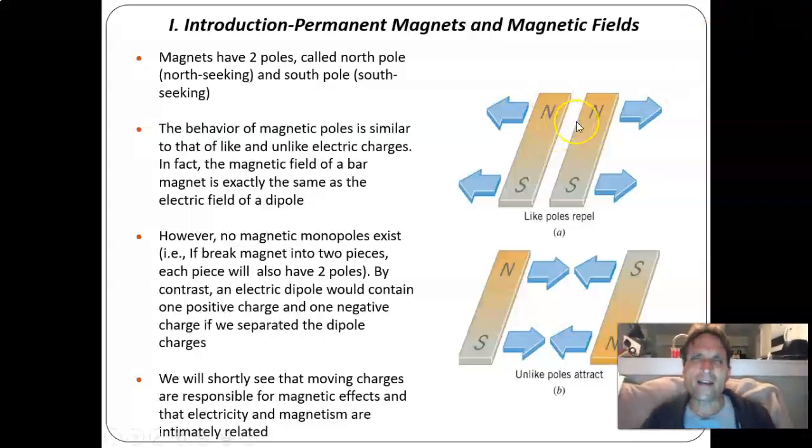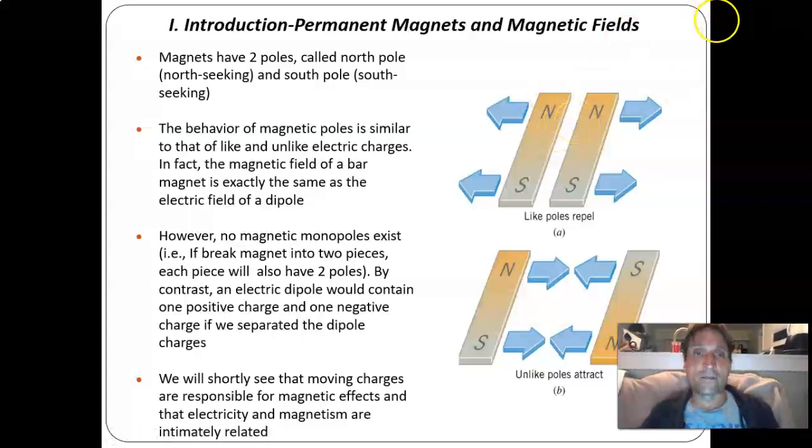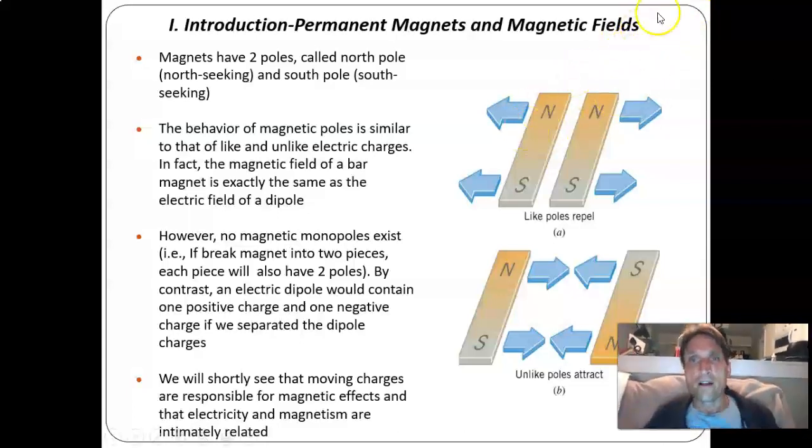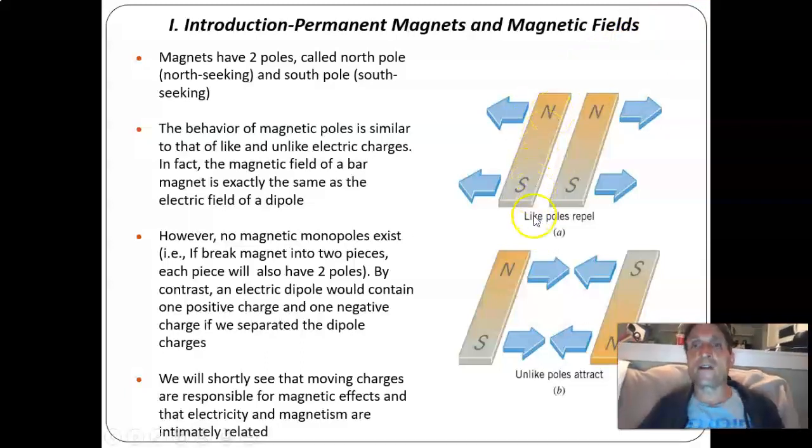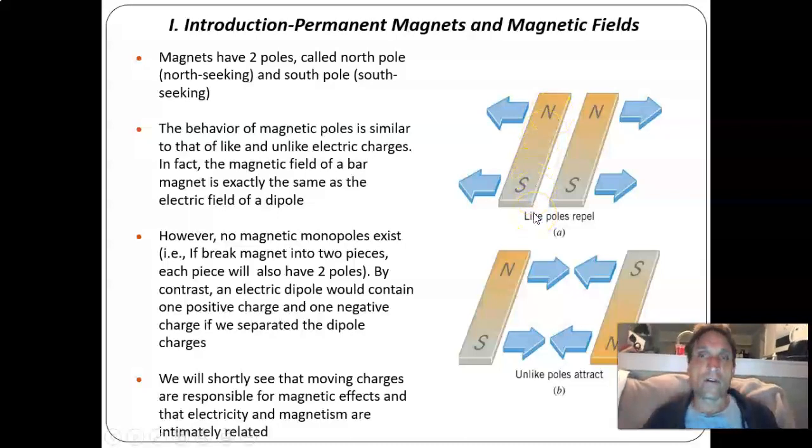So the poles behave in some respects like charges. In fact, you'll see in a little bit that the magnetic field of a bar magnet is exactly the same as the magnetic field of a positive charge and a negative charge separated, which we called an electric dipole. So they produce identical fields.